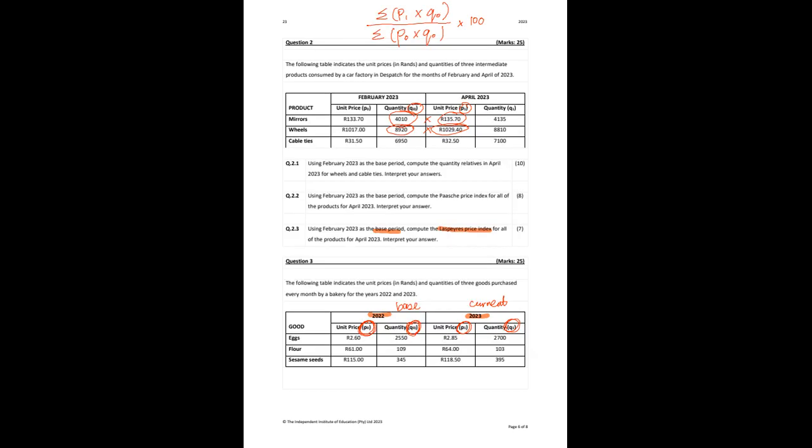You're only calculating the price relative for eggs and sesame seeds. So not the flour. You can completely ignore it for that question. And you are calculating a price relative. A price relative, again, is just another way of saying price index or price indices. And it's just saying to you, you're calculating it for one single item at a time.